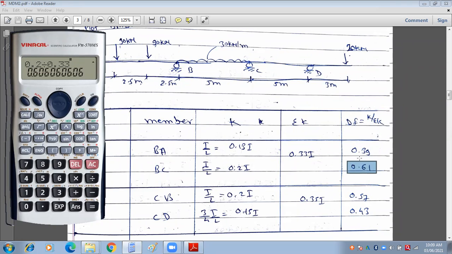Round up the values; the summation of these two must equal 1. If you check, 0.39 plus 0.61 is 1.